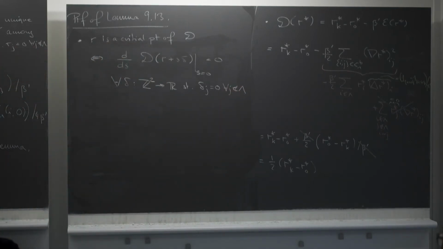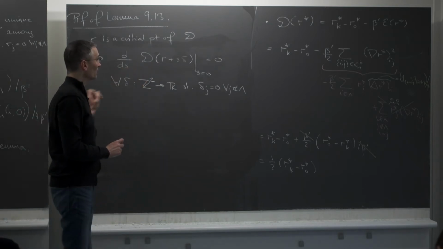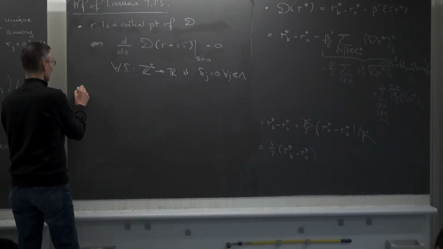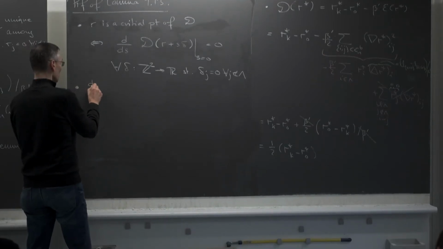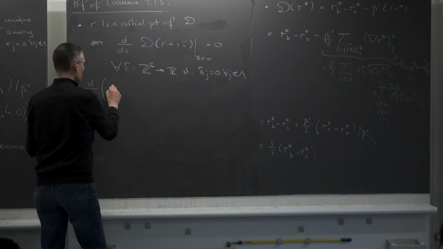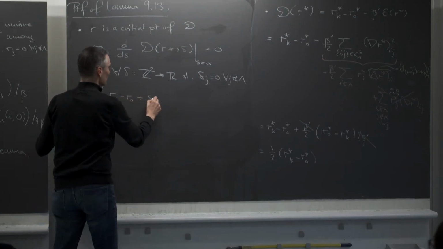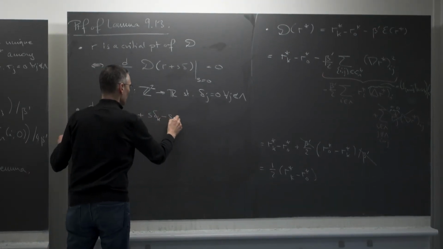Okay. This is just characterization, and then what we have to do is to compute explicitly this derivative and see what this gives us. So the derivative with respect to S of, so let me write again exactly what is this guy. So it will be Rk minus R0 plus S delta K minus S delta 0.